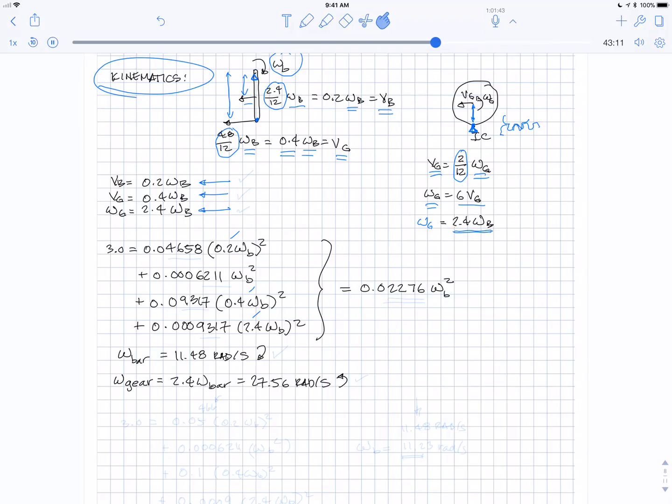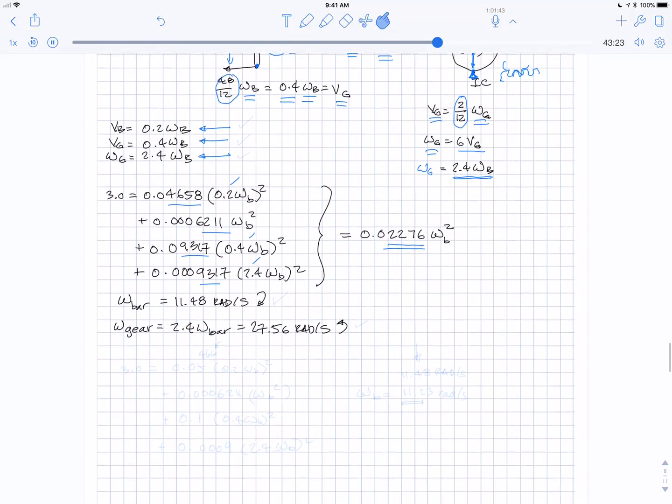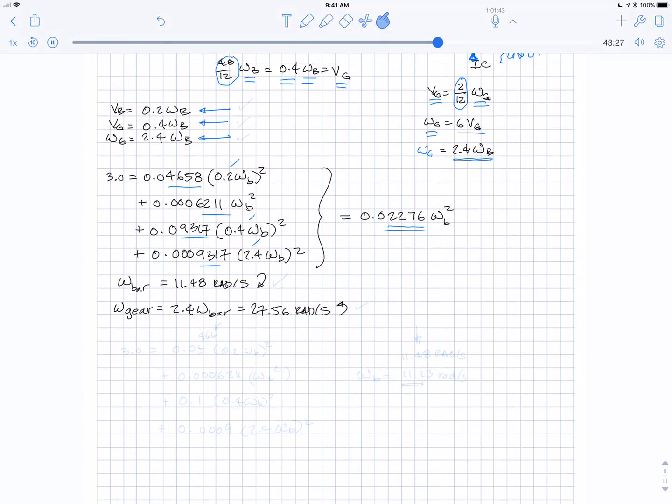And if I did everything right, and this is why you have to have all these numbers, because when you add them all up, I now have this to 4 numbers. Great. And so we got 3 equals 0.02276 omega b squared, and you divide that through and you get omega of the bar is 11.48 radians per second.